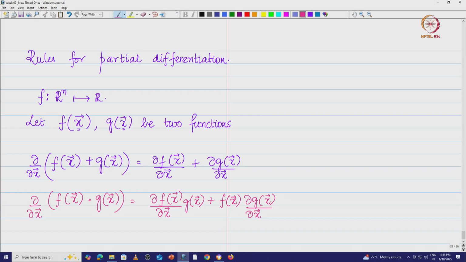One of the most important results that we would often come back to, as I keep saying even in the previous lectures, is that the idea of the chain rule of differentiation is extensively used in neural networks and the backpropagation algorithm. So we want to look at the chain rule with respect to partial derivatives. I am going to have the derivative of a composition which is given by f dot g.